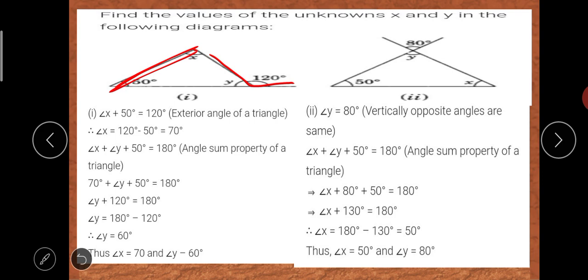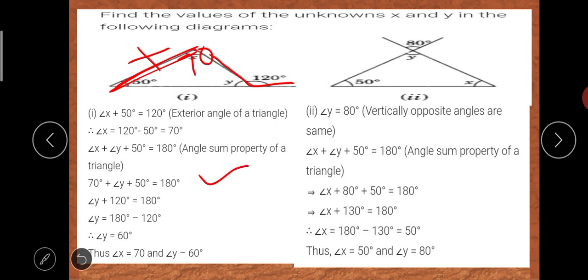Now here I will write 70. Now in the interior angles, the sum of the interior angles of a triangle is equal to 180. In that, one measurement given is 70, the other given is 50. So the third angle we will find by first adding these, and the answer we got we subtract from 180.